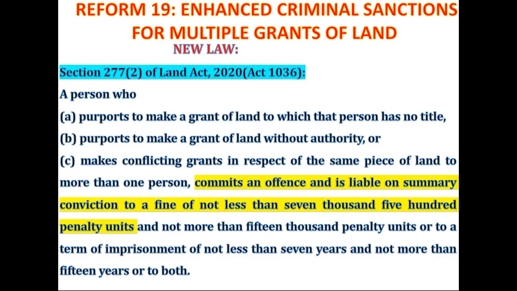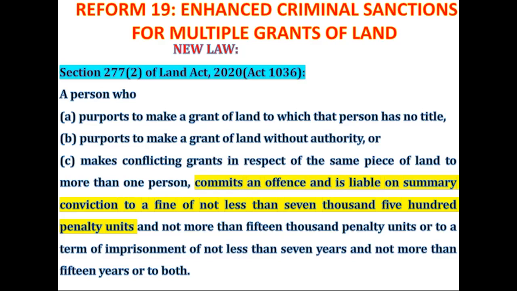It means that if they say conviction of not less than 7,500 penalty units, so 12 times 7,500 is 90,000 cedis. So a fine of not less than 7,500 penalty units and no more than 15,000 penalty units, or to a term of imprisonment of not less than 7 years and no more than 15 years or both.